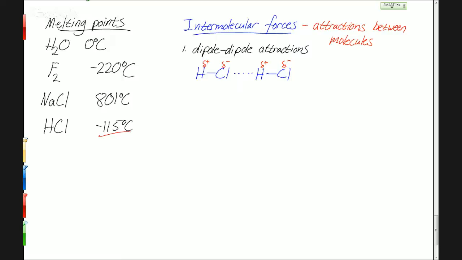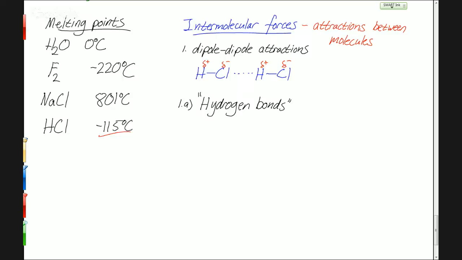Now that also kind of explains the water, but water has an even higher melting point. And so something special is going on in water. I'm going to call this 1A because it's really a type of dipole-dipole attraction. And it has a terrible name. And that name is "hydrogen bonds," and I'm going to put it in quotes.